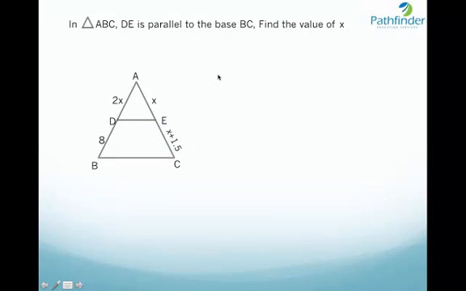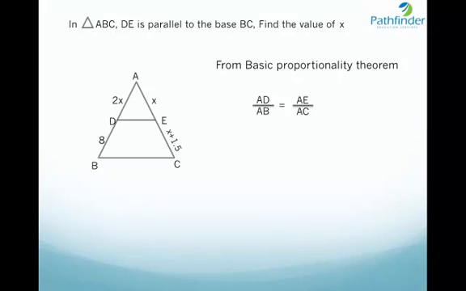So we can apply the basic proportionality theorem in the following way. AD upon AB is equal to AE upon AC. All we need to do now is substitute the values of AD, AB, AE and AC from the given figure. So AD is equal to 2x divided by AB, that is 2x plus 8, is equal to AE, that is x, divided by AC, which is x plus 1.5.